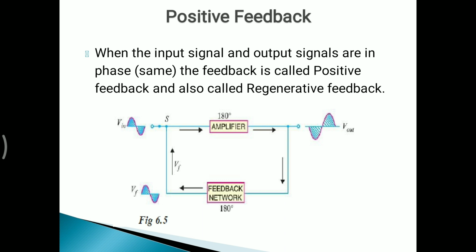Here is the diagram. Here is the sine waveform input signal from the source, then the amplifier, and after that you have the output. After that you have the feedback network, and then the feedback voltage Vf. In the input you have a sine waveform, and after amplifying, the output is of opposite sign, and that opposite waveform is fed back through the feedback network with a 180-degree phase shift.